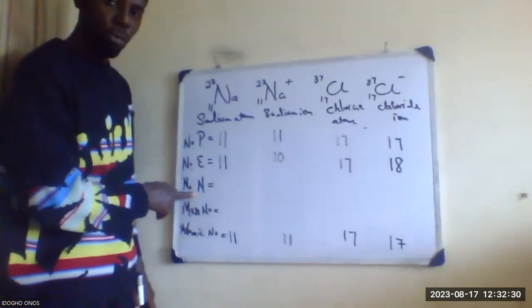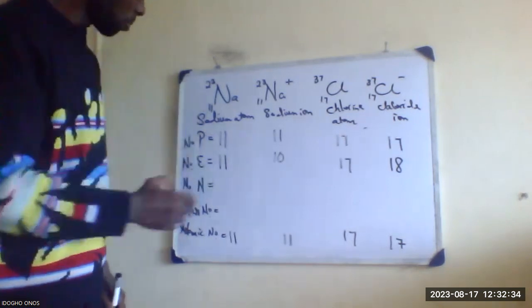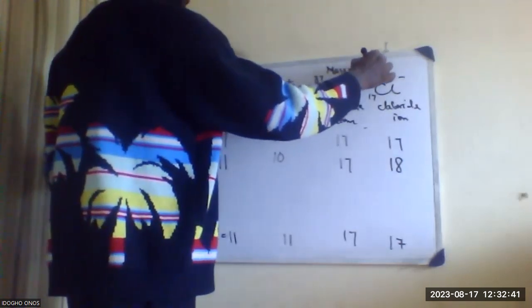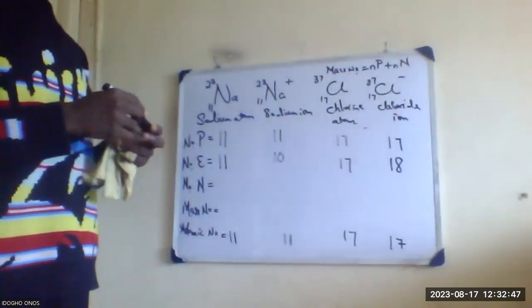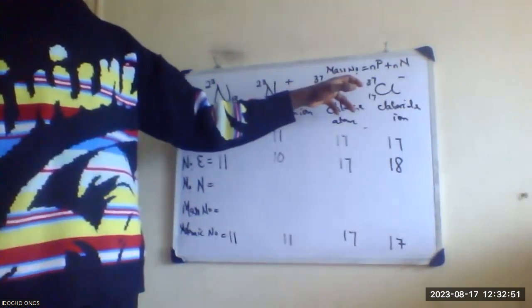Now, remember we still have 2 more to go: mass number and number of neutron. Now, the formula for mass number is this. Mass number is equal to NP, that is number of proton, plus number of neutron.